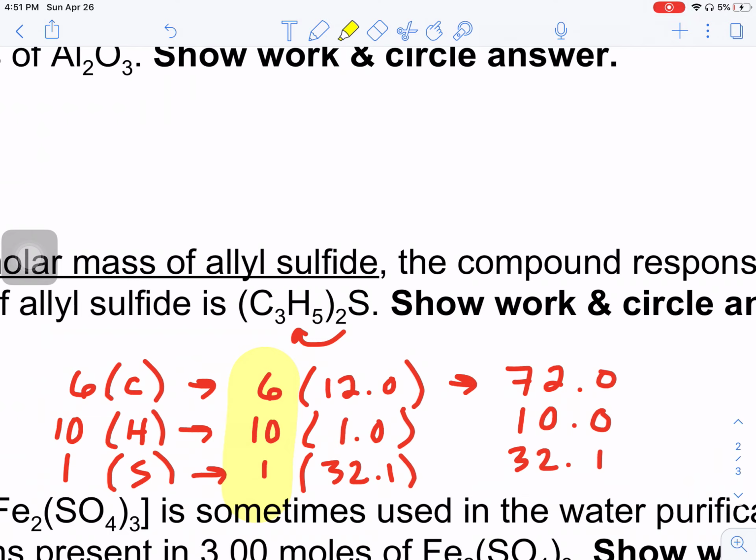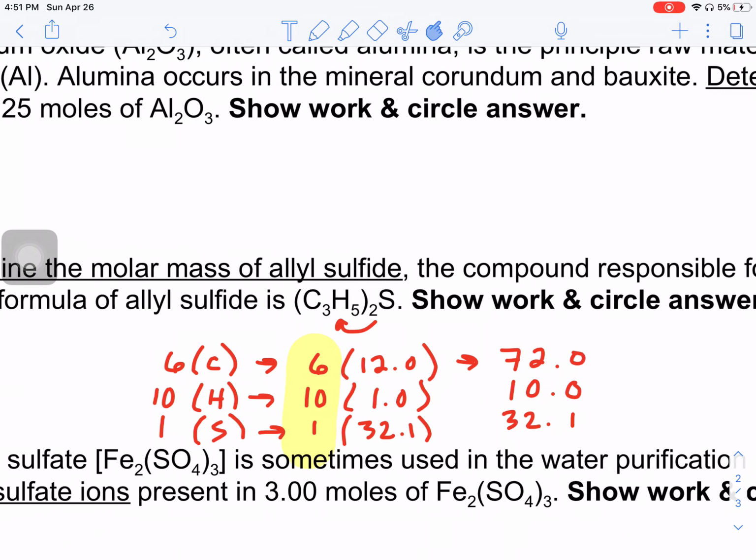So you're going to usually go to 2 decimal places, which means your answer is going to be rounded to 2 decimal places. I know in my example, I'm only going to 1. So really the last step for us to do is add up the 72.0 plus 10.0 plus 32.1, and it looks like the molar mass of allyl sulfide is about 114.1 grams per mole.